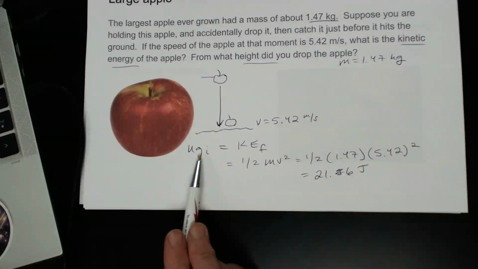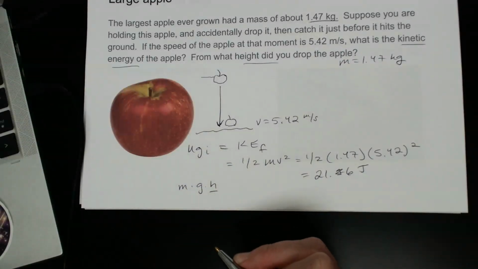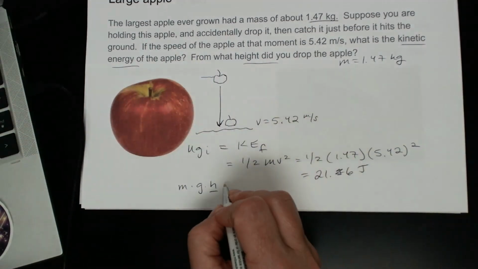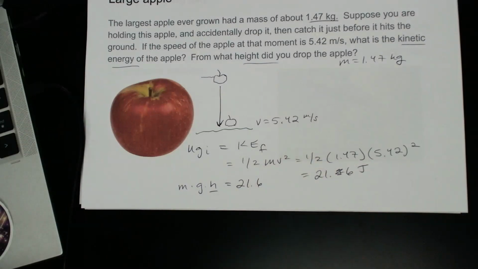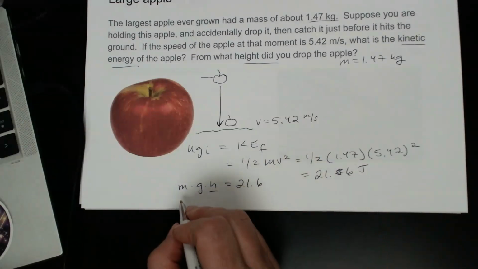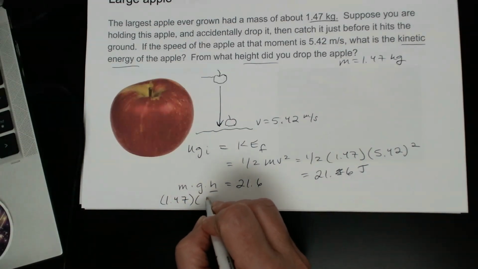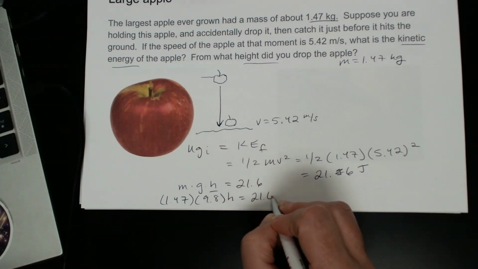That's also equal to m times g times h. And I want to solve for h because the second thing they're asking is from what height did you drop the apple. So I can set all that equal to 21.6 joules. And I know, again, my mass is 1.47, my g is 9.8, times h equals 21.6.